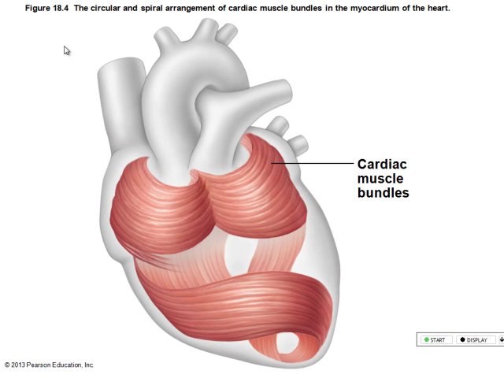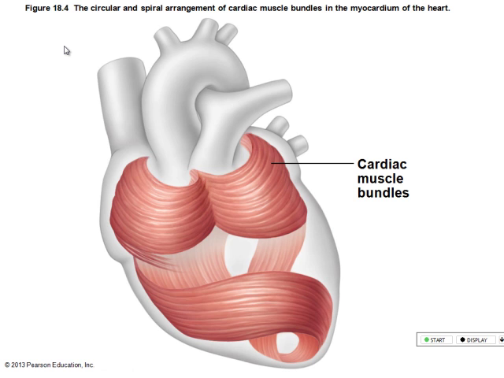Think about the numbers and types of muscles. Remember, if I take skeletal muscle cells and line them all up, what kind of movement can I do? That's it. But what if I take the muscle and put it in all different directions? What can I do? I can move them. So cardiac muscle bundles go in all different directions.